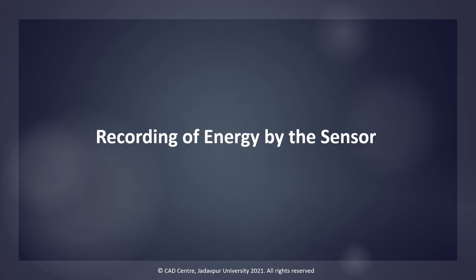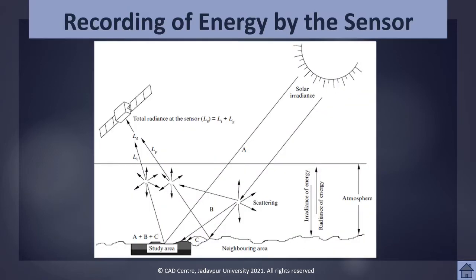However, it should be mentioned that additional energy matter interactions take place when the energy reaches the remote sensor. Now, let us try to understand what happens. Ideally, the radiant energy recorded by the camera or detector is a true function of the amount of radiance leaving the terrain at a specific solid angle.